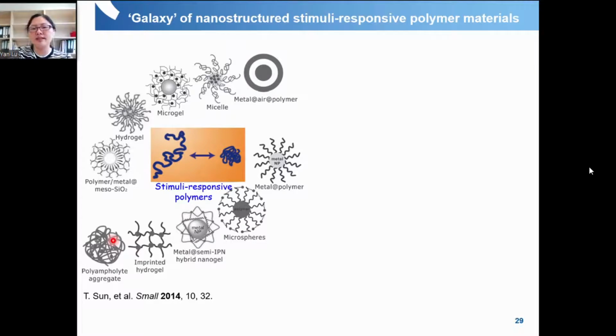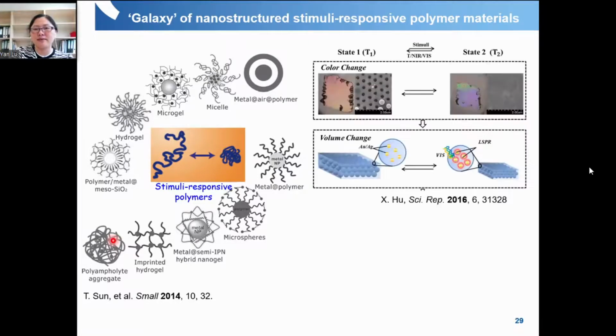So you have really different kinds of polymer networks based on these stimuli-responsive polymers, which can be used as a nanoreactor for different metal or metal oxide functional nanoparticles. And then, of course, you can use this temperature or stimuli responsivity.